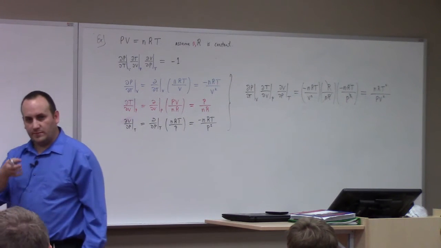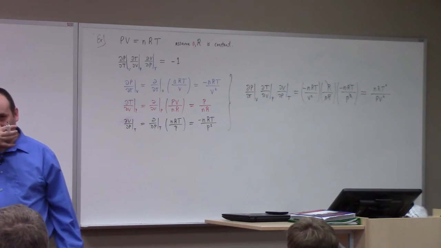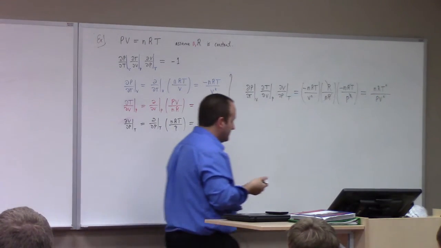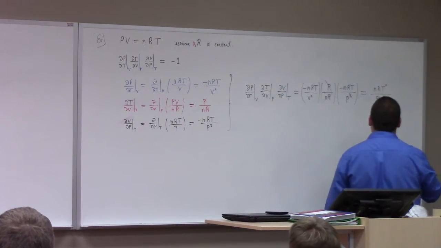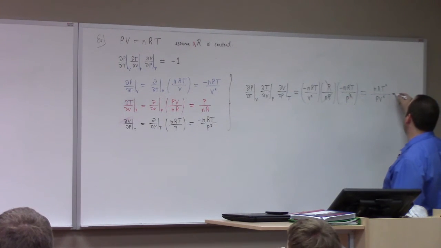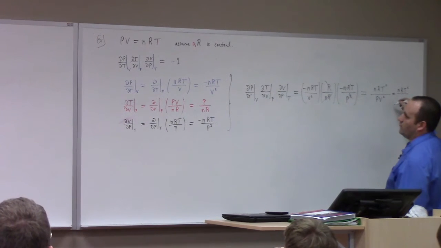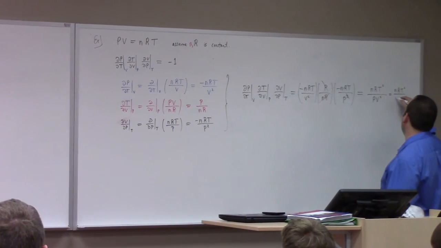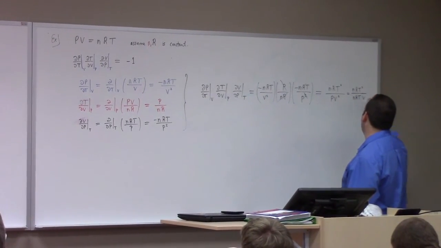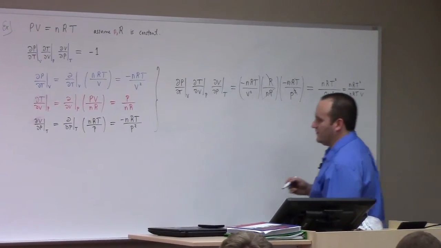I mean, I might have made a mistake. It's possible. What is PV equal to? Well, PV is nRT, right? I am pretty sure I have a mistake here.